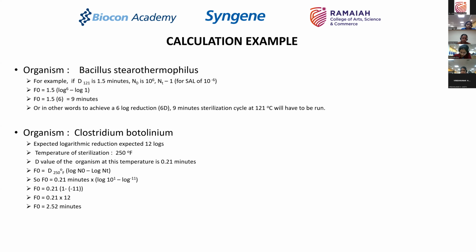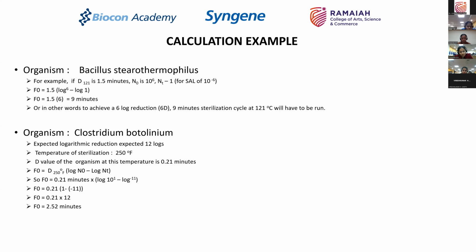And I will say that I will need 12 log reduction. My D121 was, say, 1.5 minutes. So 1.5 into 12, 18 minutes is the time I will require to run my process so that I can achieve a 12 log reduction. In this example, I have taken D121 as 1.5 minutes.